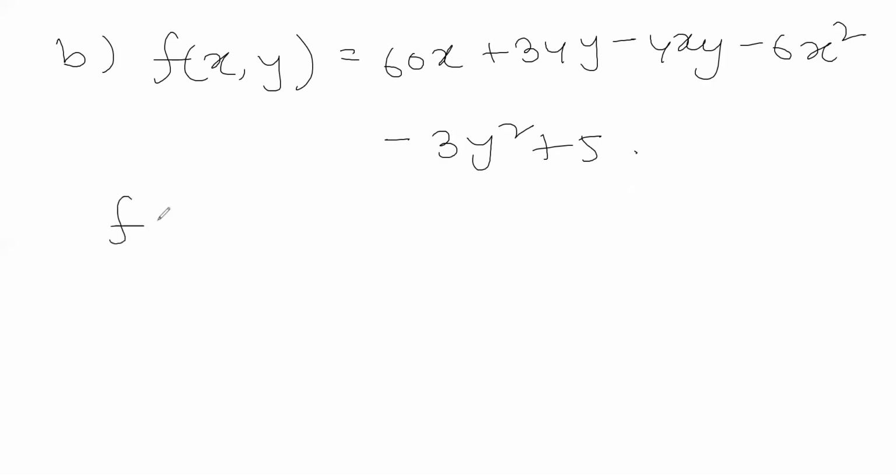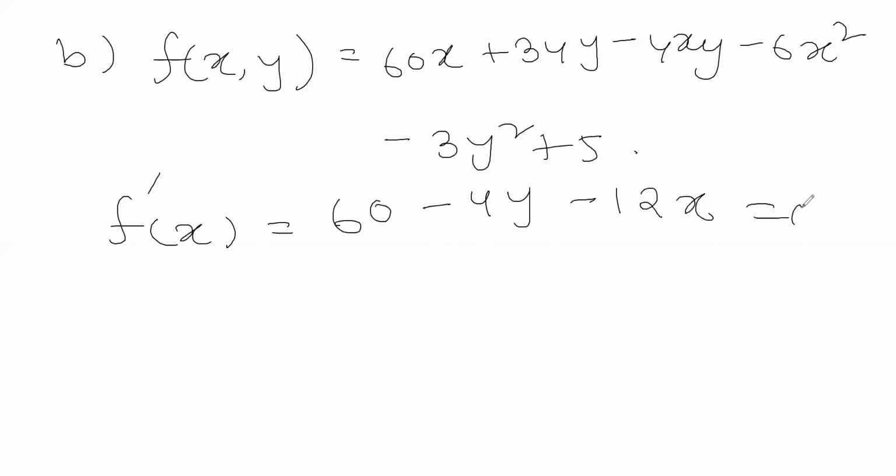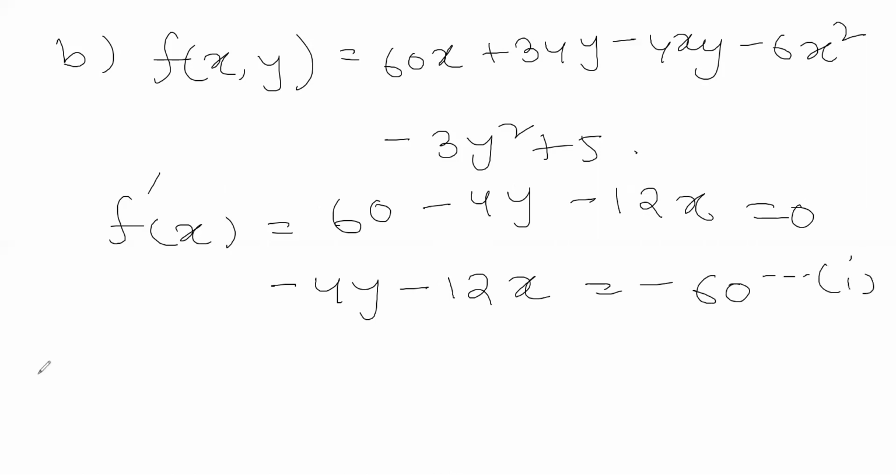So we will differentiate it with respect to x. So we can also write it as f prime x, and we get 60 minus 4y minus 12x, set it equal to 0. Or we can write minus 4y minus 12x is equal to minus 60. Okay, this can be equation number 1.